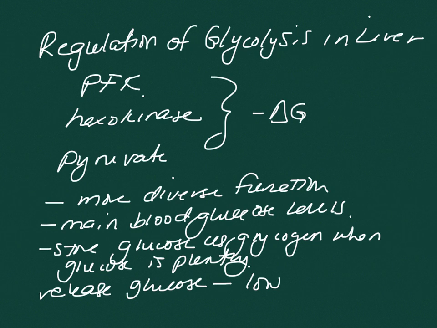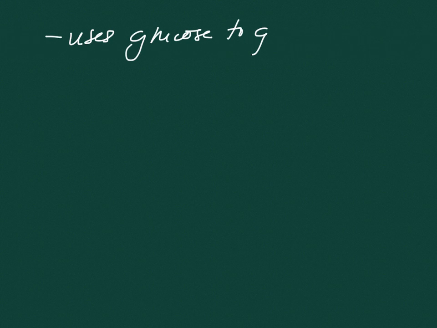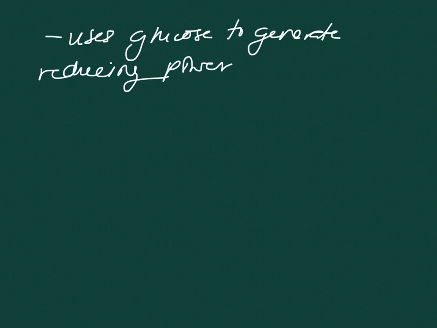It also uses glucose to generate reducing power for biosynthesis. So because the liver has these diverse roles, the regulation of glycolysis is more complex.